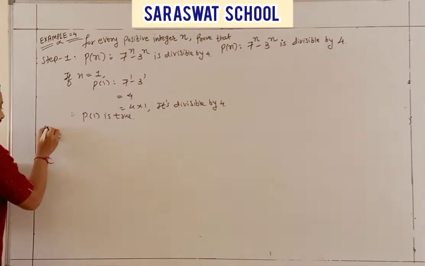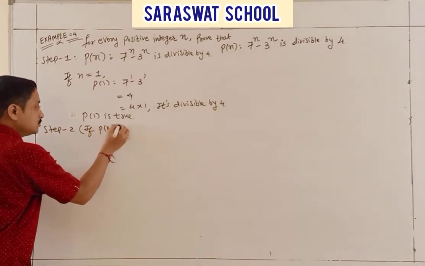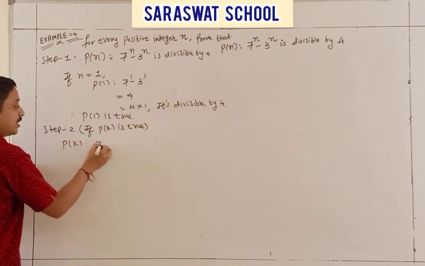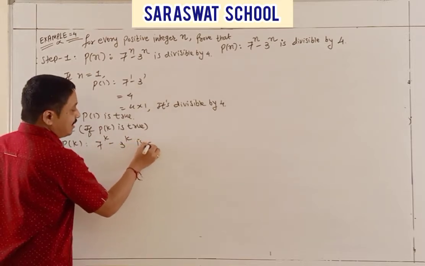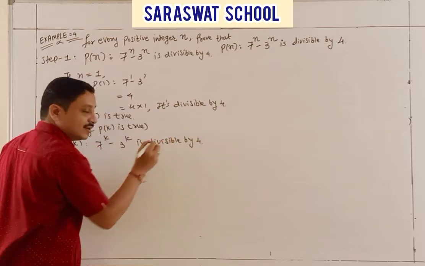Yes. Now step 2. If Pk is true, what do you write for P of k? 7 raised to k plus 3 raised to k is divisible by 4.